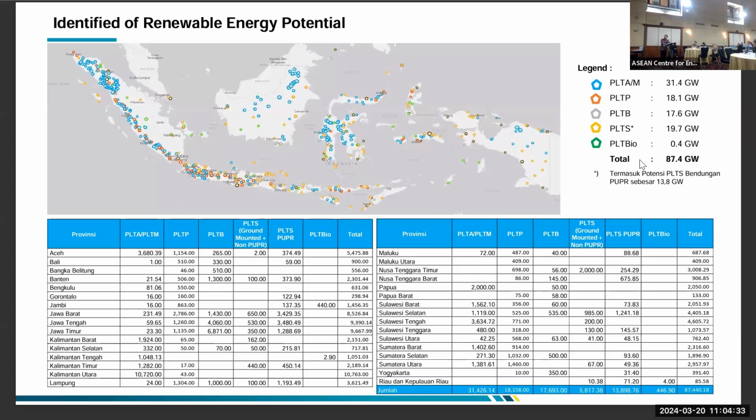PLTA is hydro, with identified potential of more than 30 gigawatts.